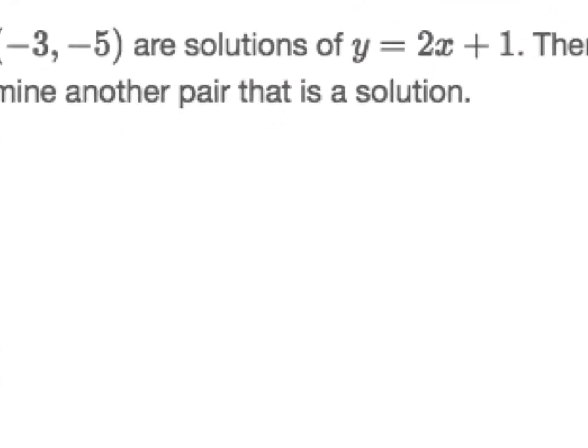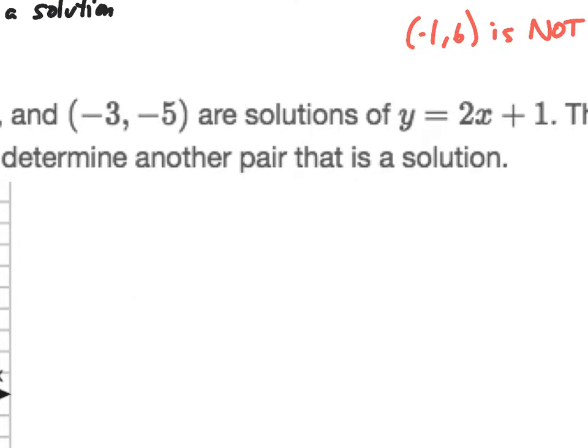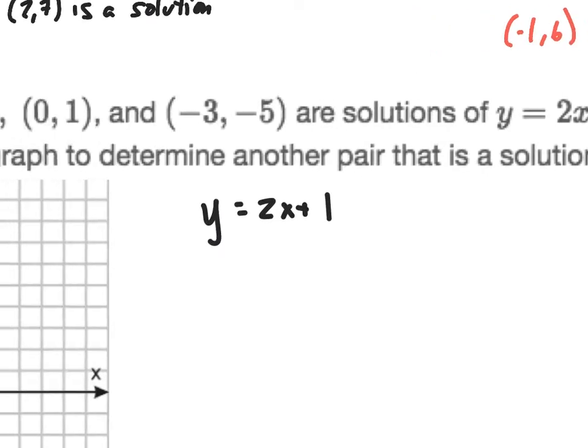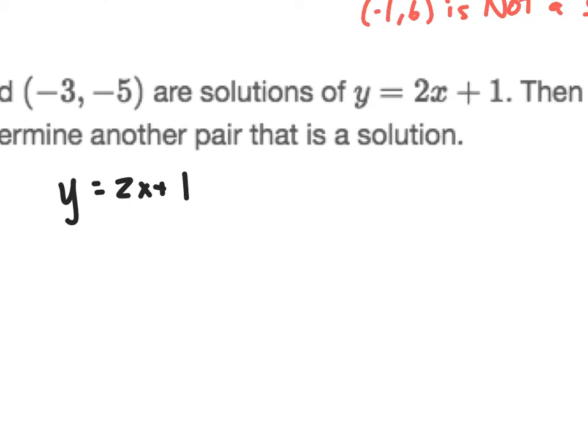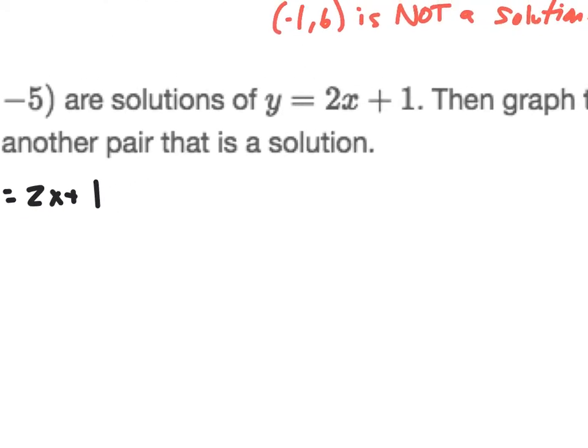I'm going to write down the equation y equals 2x plus 1. So we've got x and y. This one's pretty easy to see. I've got the points 3, 7; 0, 1; and negative 3, negative 5.